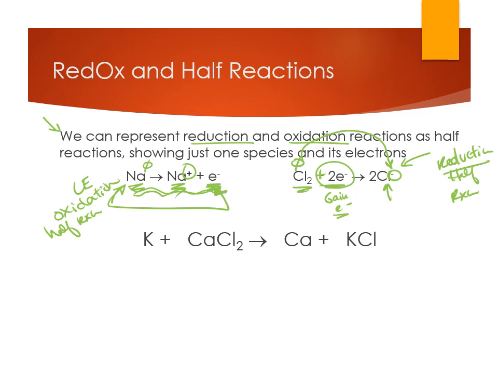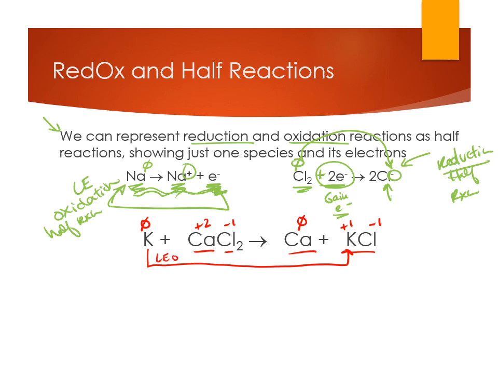So first up, we need to figure out what's being oxidized and what's being reduced. So what is the charge on our potassium? Potassium here is going to be a neutral 0 charge. Calcium chloride, chlorine's a -1, calcium's a +2. Calcium here by itself is going to be a neutral 0. Chloride's a -1. Potassium's a +1. Notice that potassium went from 0 up to +1 because it lost electrons.